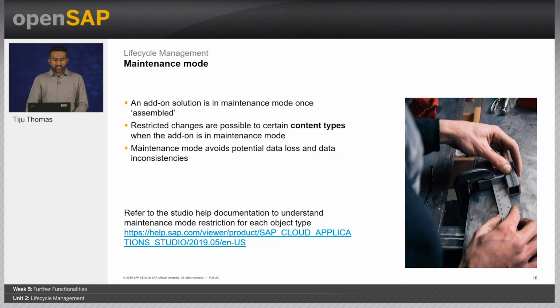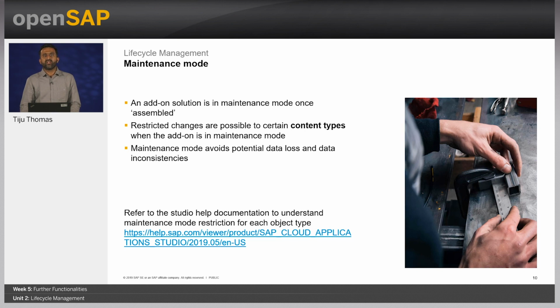Moving on, let us see what a maintenance mode is. A customer specific solution is in maintenance mode once it has been assembled and downloaded. The solution status is then changed to assembled. You could see that changes to the solution are only possible through a patch. However, you can only make restricted changes to certain content types once you create a patch.